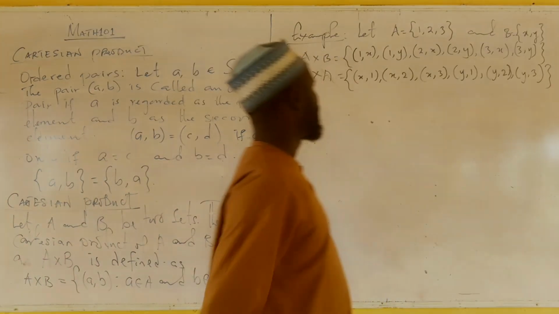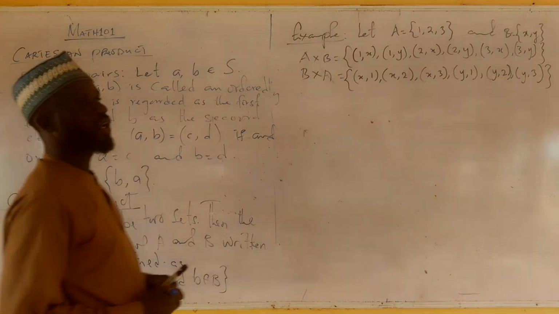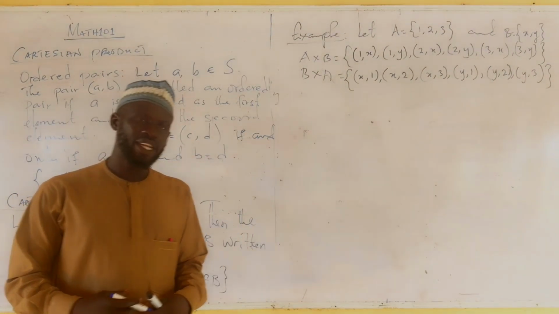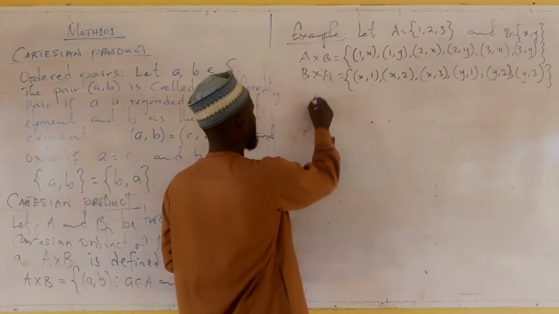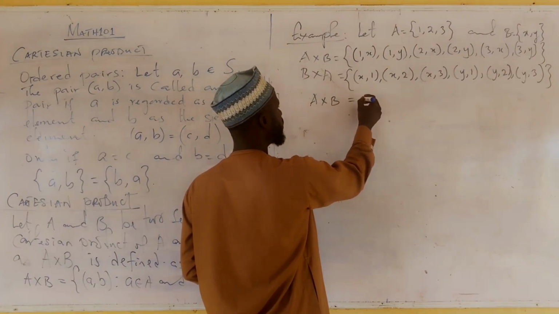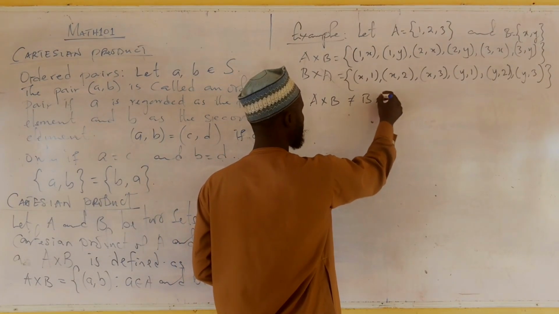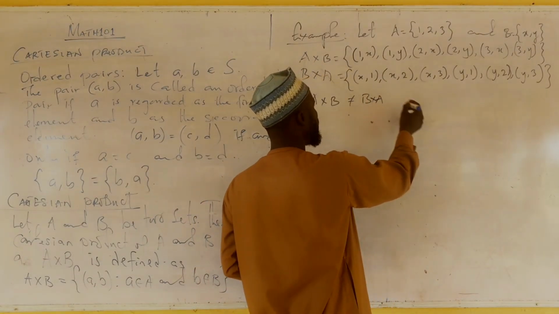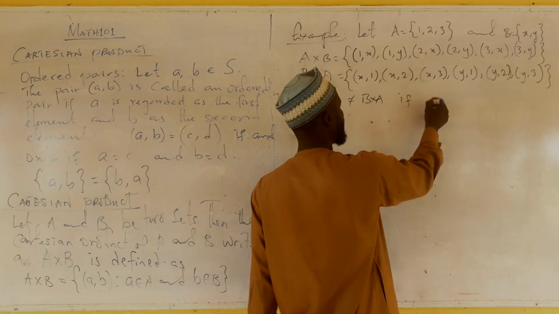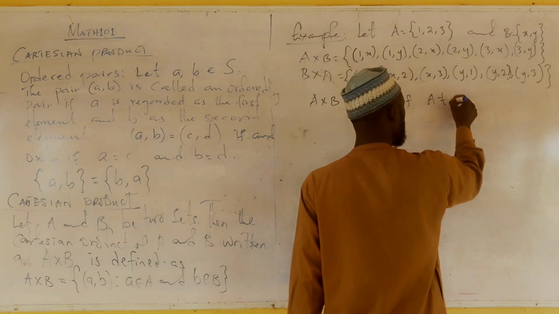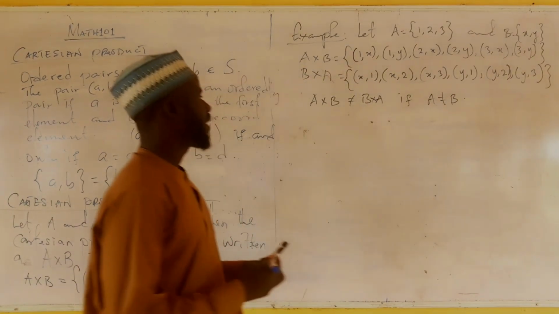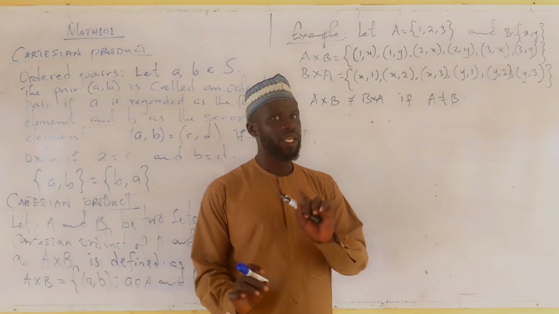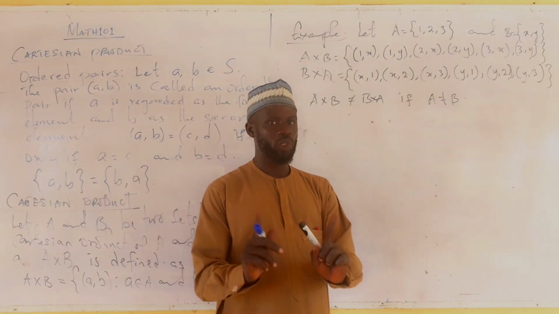It is obvious from this very example that A cross B is not equal to B cross A, if A is not equal to B. Students and viewers should take note.